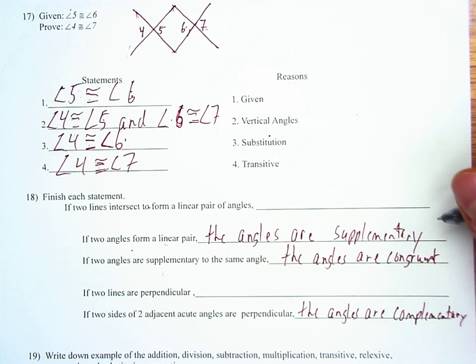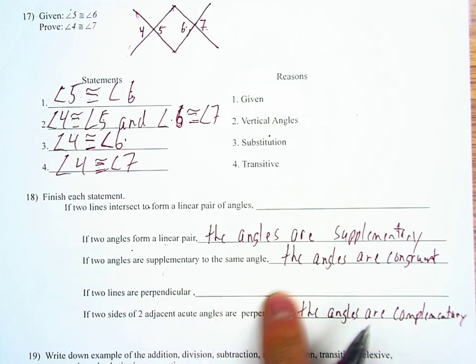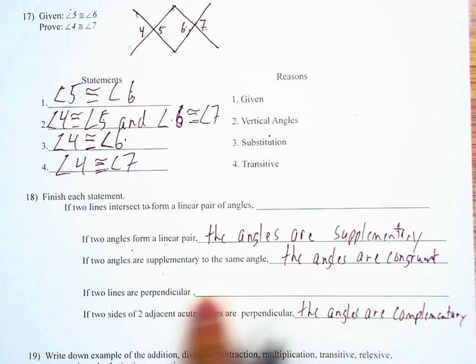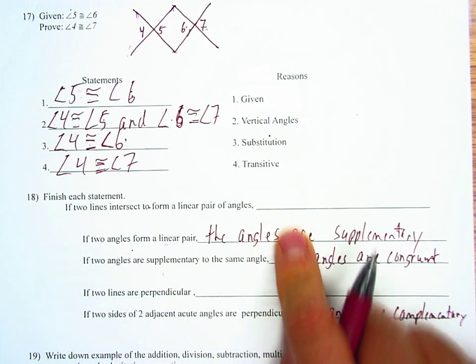All right, our next conclusion here is the lines are perpendicular. If two lines are perpendicular, why would I conclude that they're perpendicular again? We've already said they're perpendicular.